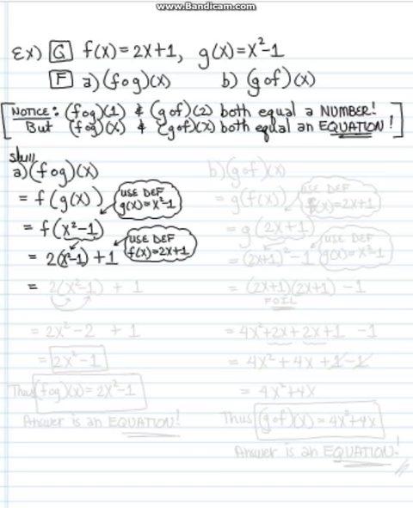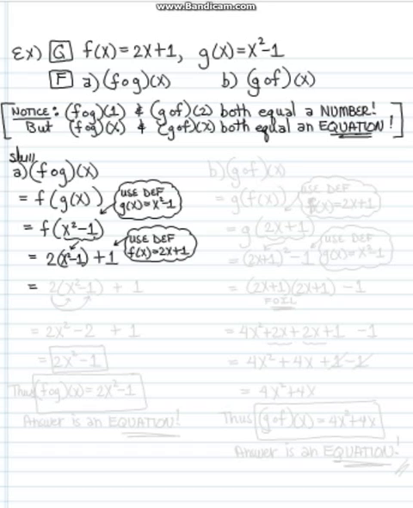F of anything, I don't care what's in that parenthesis, f of anything is found by taking the definition of f, removing the x, replacing it with parentheses, and then plugging in whatever they gave you in the parenthesis of the question. So we have 2 parentheses, x squared minus 1, and then plus 1 outside of the parenthesis.